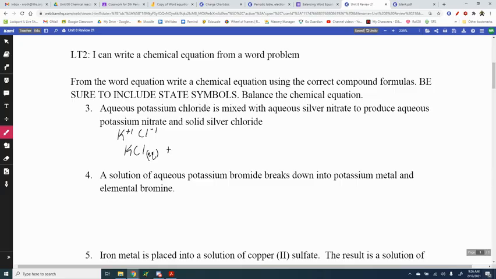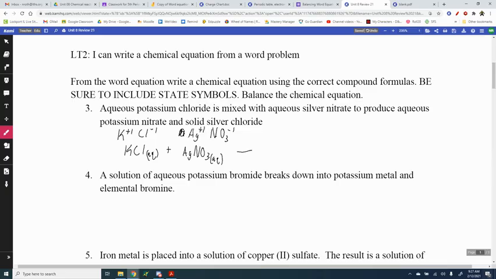Mixed with, so that's our plus, silver nitrate. Silver is Ag, with a +1 charge. Nitrate is NO3, with a -1 charge. So that's AgNO3, and that's aqueous.